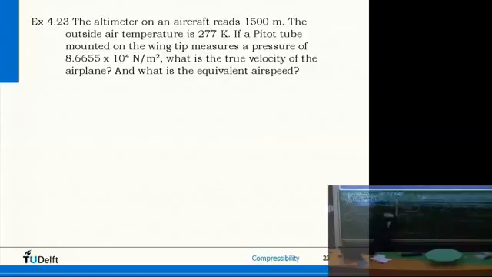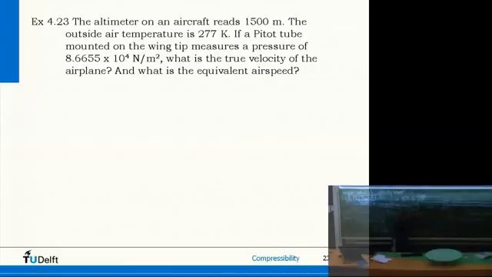If you put that in, you find the equivalent airspeed of 58.5 meters per second.